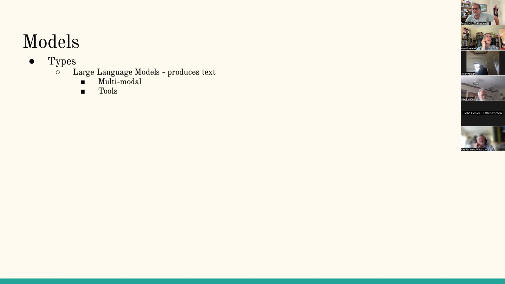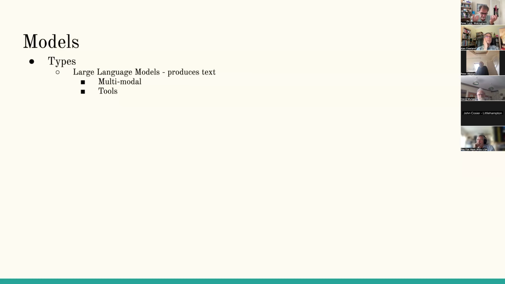Another feature of these large language models, which we don't tend to talk a lot about, is the support of tools. Now, tools are an add-on to large language models, usually written in Python, which can get your model to do something in addition to what it's trained to do. So, for example, you could get it to query the internet.